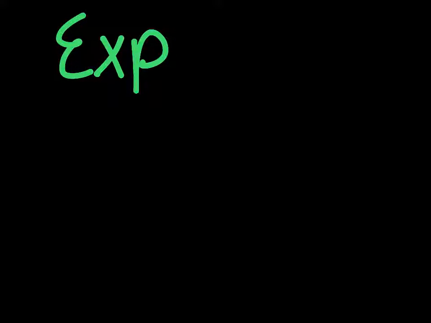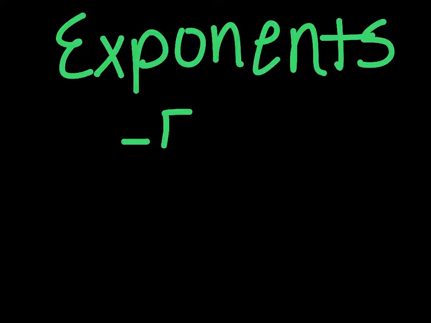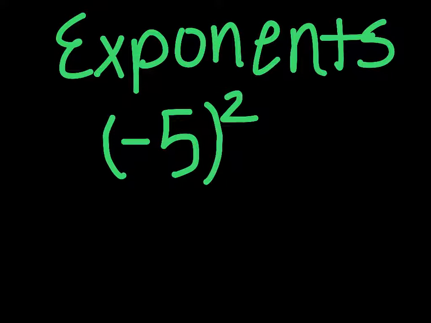When we're using exponents, sometimes we run up against problems that have negative numbers in them. So that means we would have, like using the example before, negative 5 raised to the power of 2. Okay? So as we know, this is the base, this is the exponent.